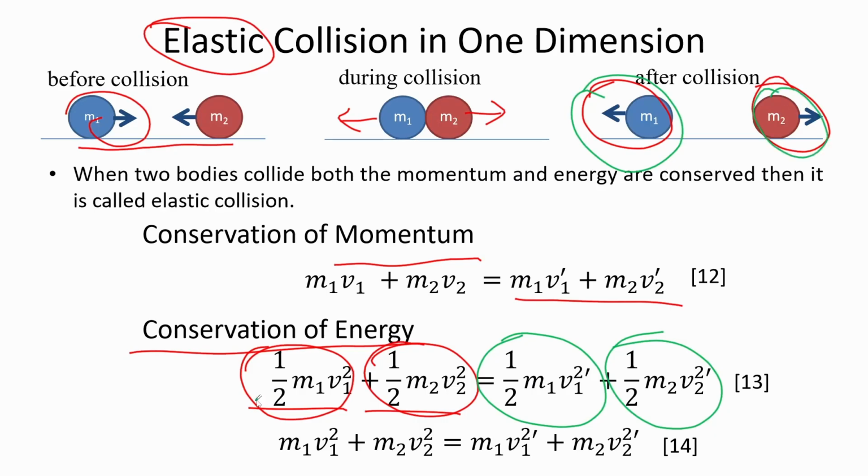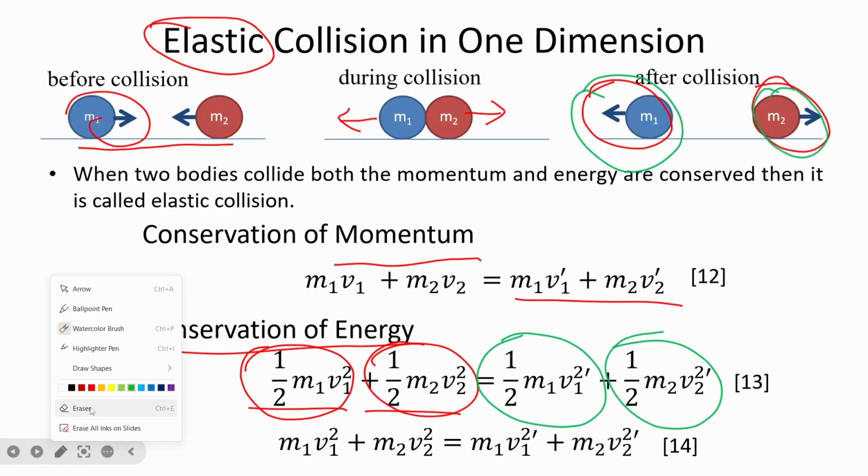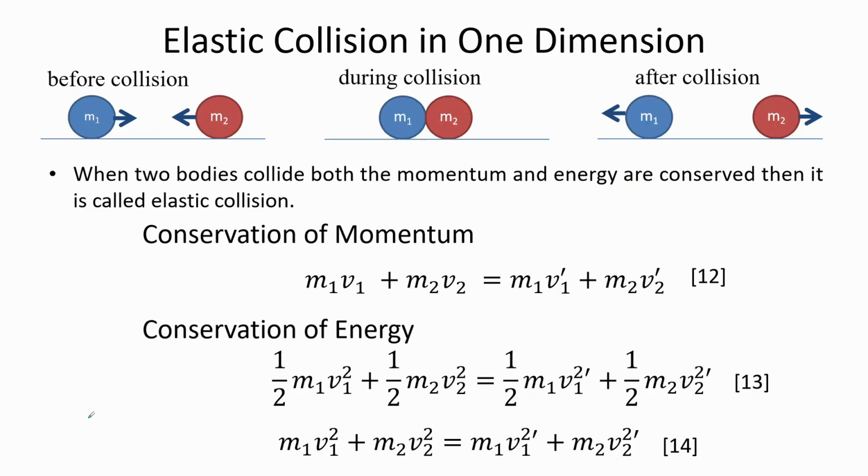So we can simplify this. The initial 1/2s cancel out because they're all present, and you are left with this expression. So you have the expression for the conservation of momentum and the expression for the conservation of energy. That's how you identify it: an elastic collision conserves both momentum and energy.